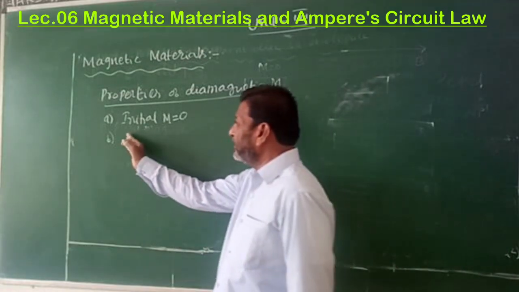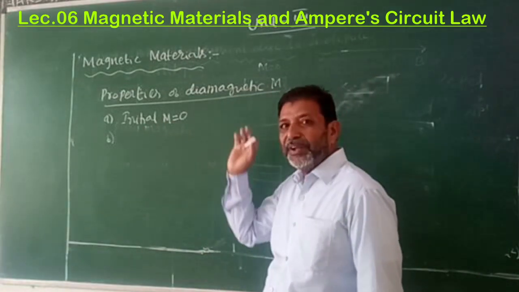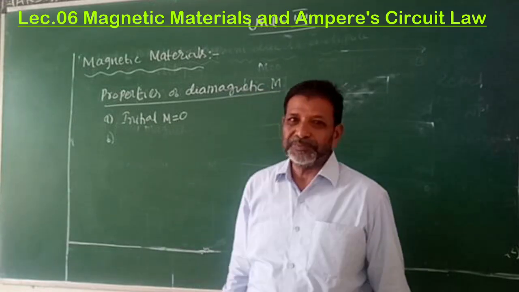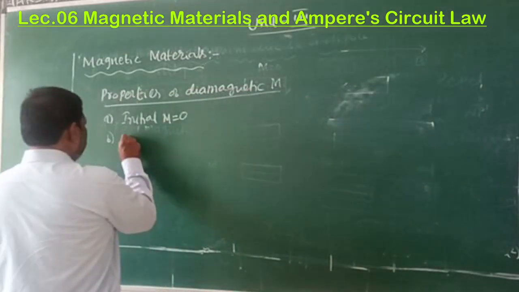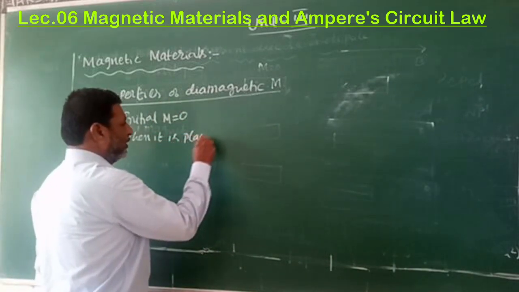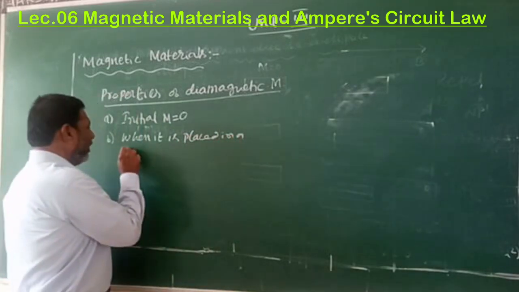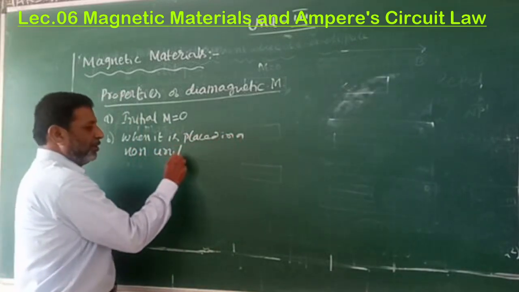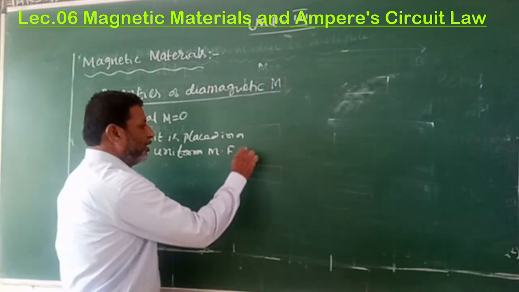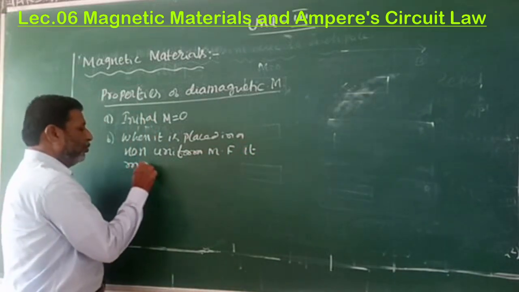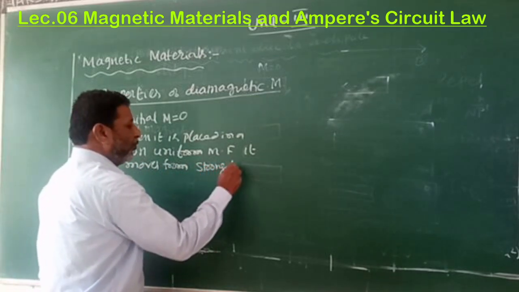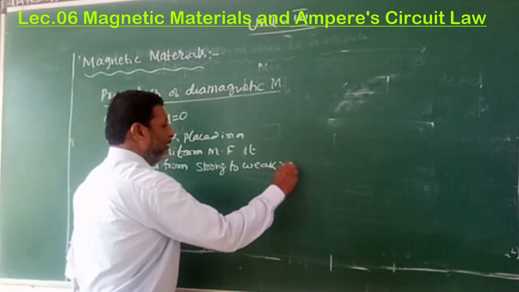When it is placed in a non-uniform magnetic field, it moves from the strong to the weak region.